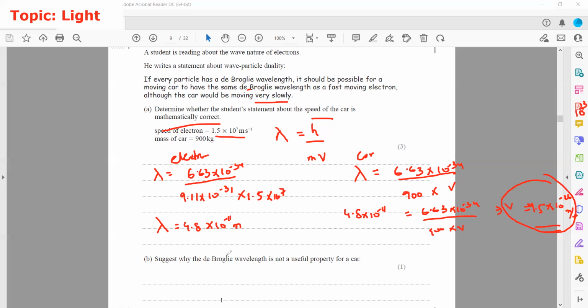Then it asks why the de Broglie wavelength is not a useful property for a car. Normally this is applied to a single particle. A car is not a single particle; it is a combination of many particles.